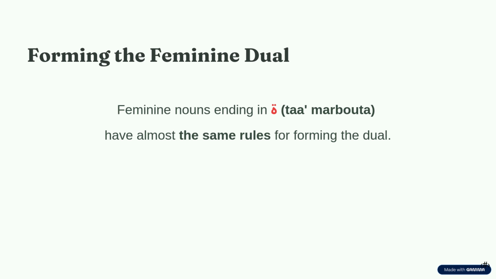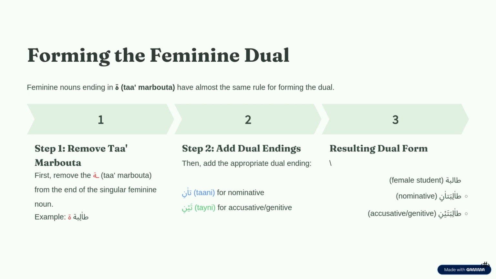If you're now wondering about the feminine, what happens to feminine words? I want you to know that it's almost the same thing. It's just as simple. So you know that feminine words end in ta marbuta, most of them, right? And you know also that ta marbuta comes only at the end of words.